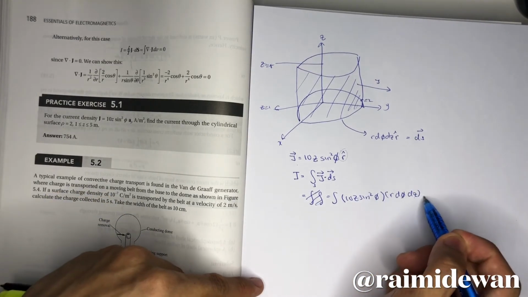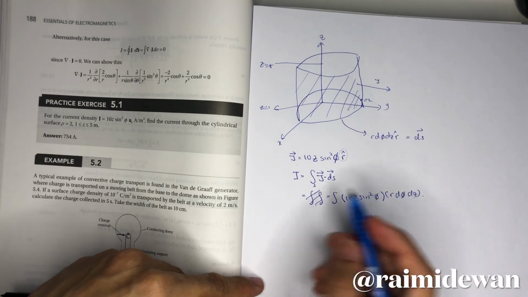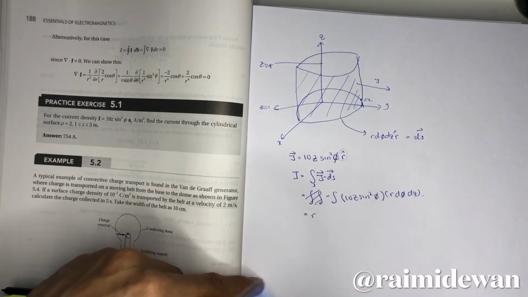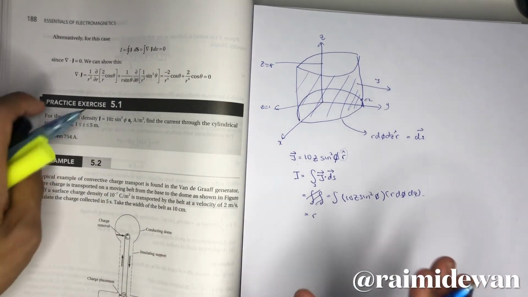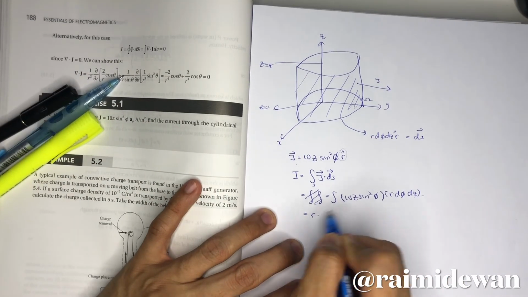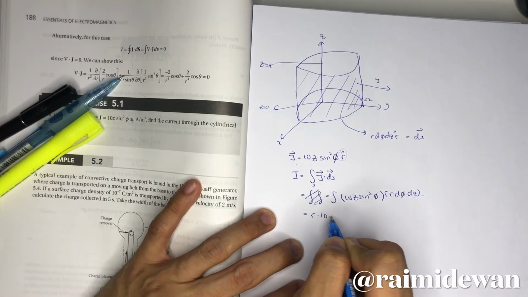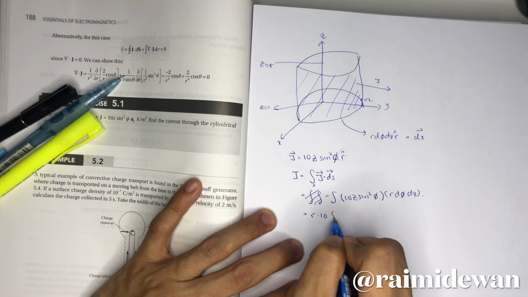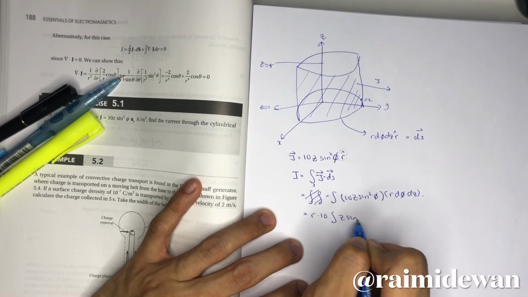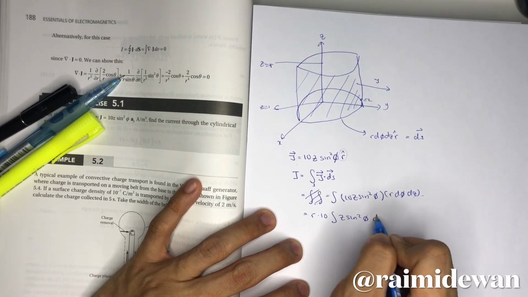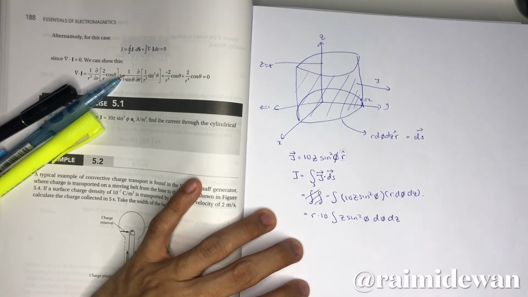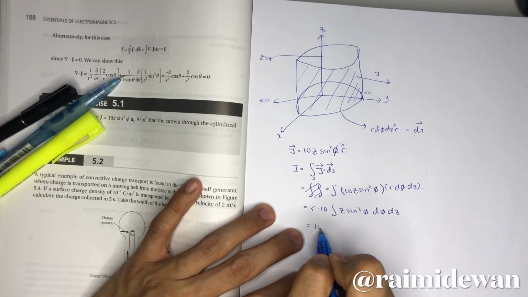However, r is a kind of constant, so you put r outside so that it won't complicate your calculation. Then 10 is also a number, just put it out. Then you are left with z sin squared φ dφ dz, then you have 10r.